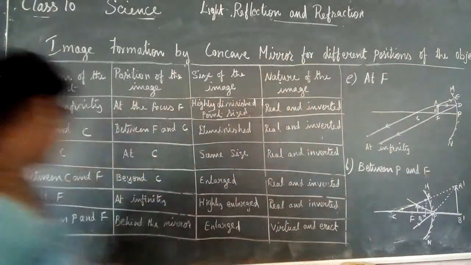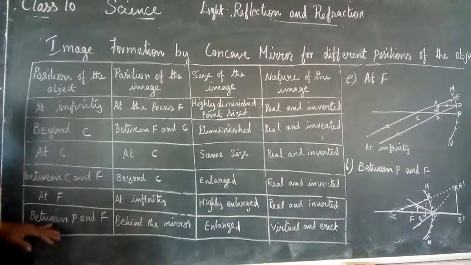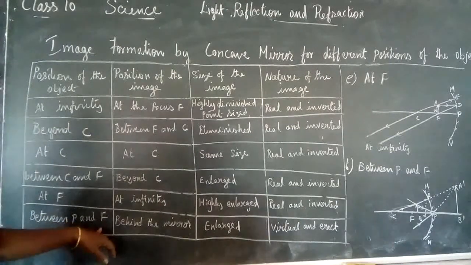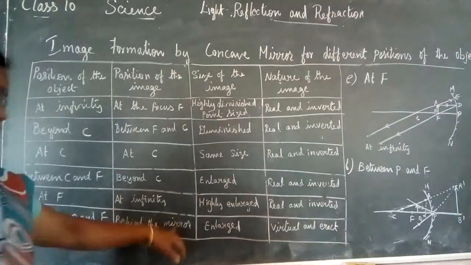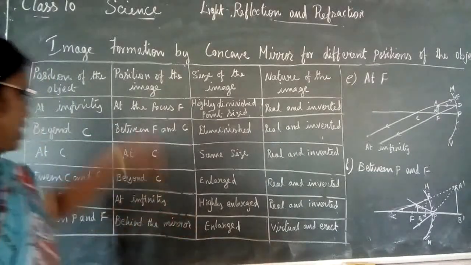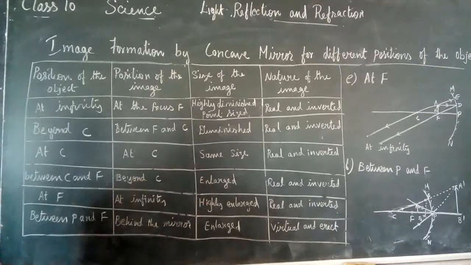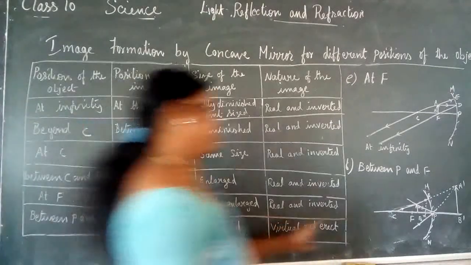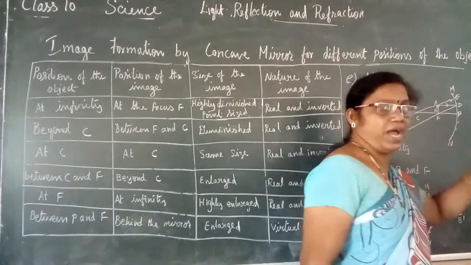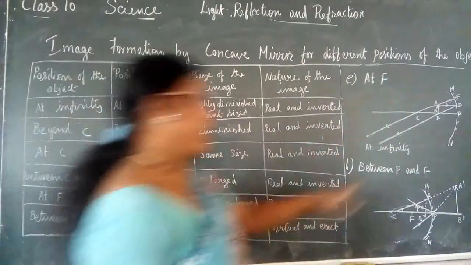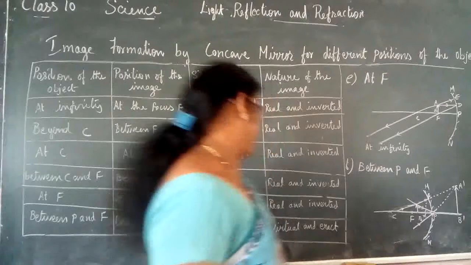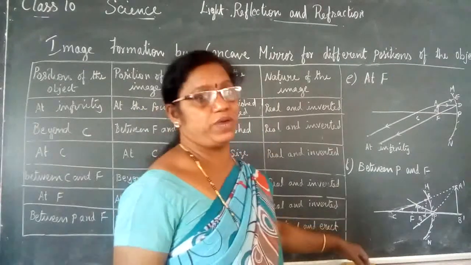So, only in this last case, when the object is placed between P and F, the image will be behind the mirror, and in all the other cases it will be before. Only this last one will be behind, at the back side of the mirror, and you will get an enlarged image which is virtual and erect.